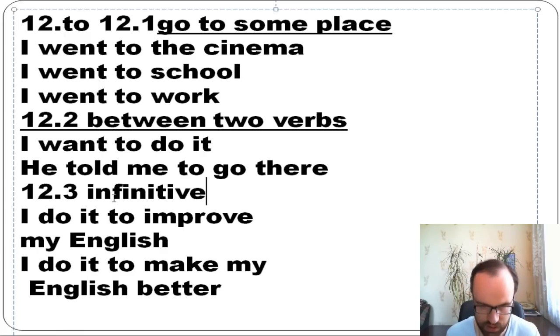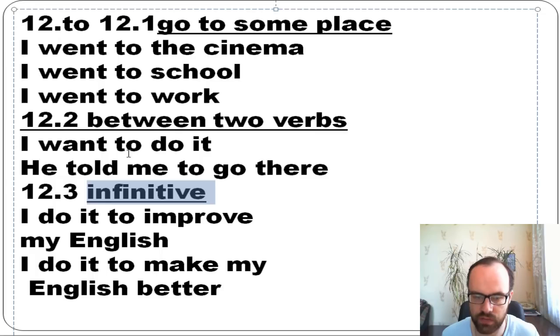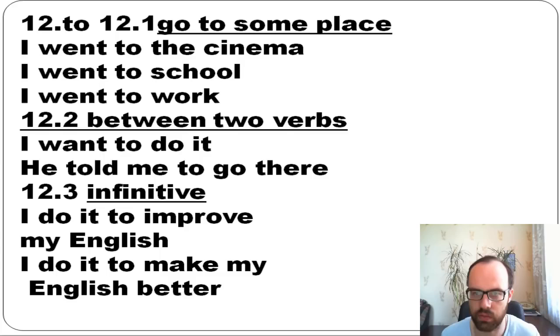It's a very important thing. Here we have an infinitive too, but there is just one verb, and with an infinitive we use to. I do it to improve my English. I do it to make my English better.